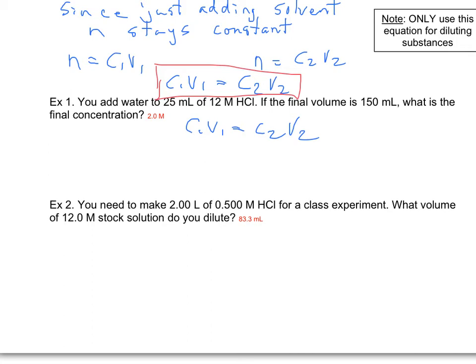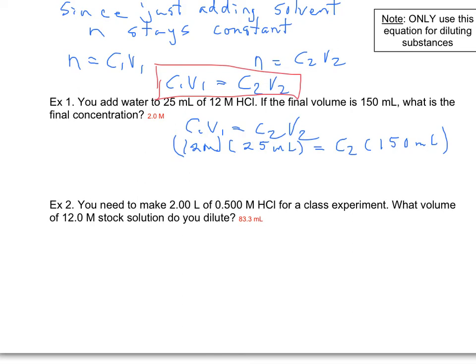Let's sub in what we know in this question. The initial concentration is going to be 12 moles per liter, and my initial volume is 25 mL. I want to know what the final concentration is. That's C2. If the final volume is 150 mL.